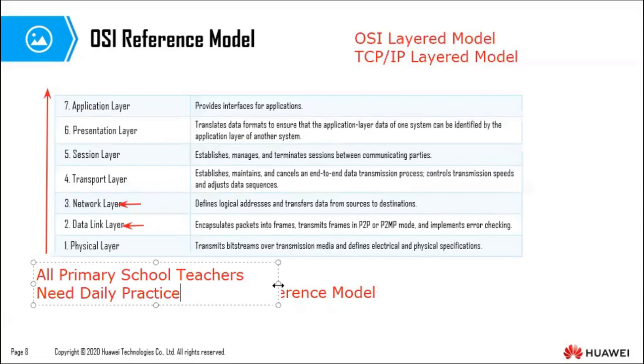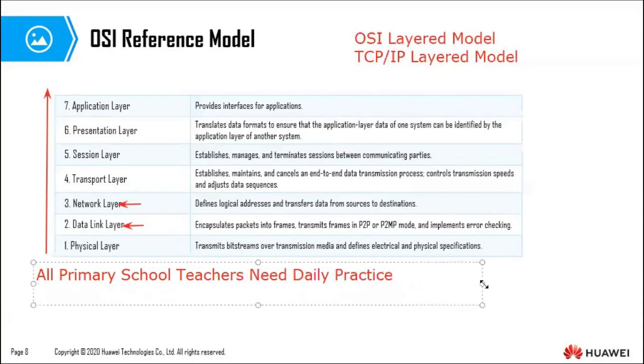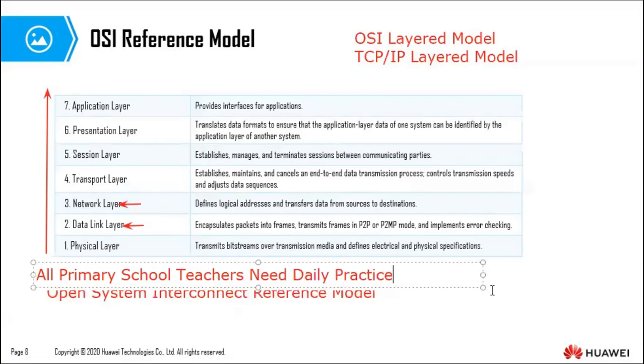So you can use this to remember the 7 layers of the OSI layered model. Are we together? All primary school teachers need daily practice. So A for application, P presentation, S for session, T for transport, N for network, D for data link layer, and P for physical layer.